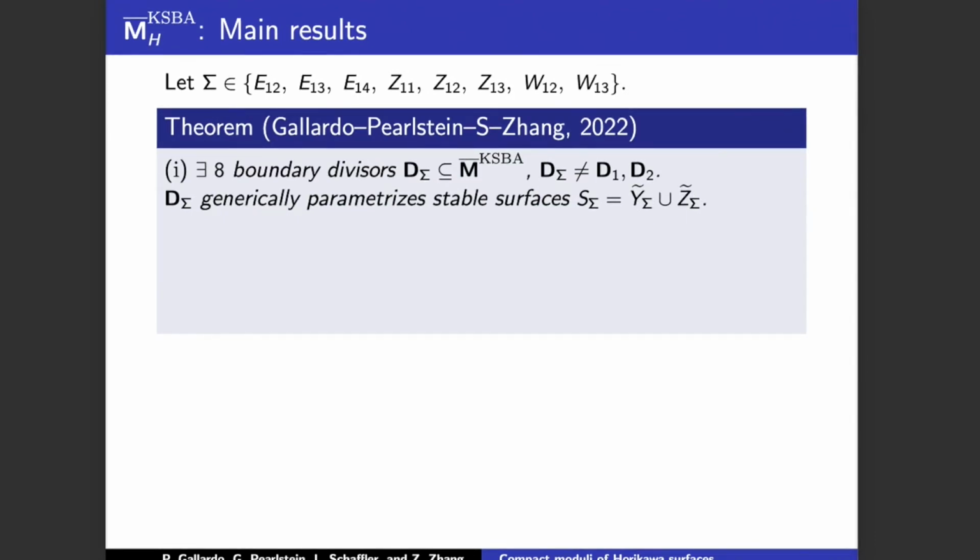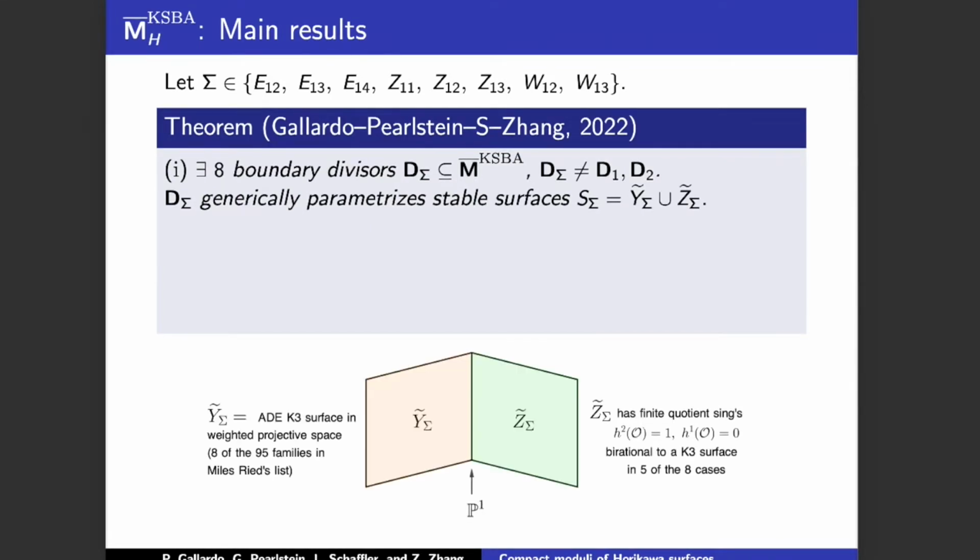You may wonder what the geometry of those 2 individual pieces is, and that's what I would like to show you in the next click. In the middle, you can see a cartoon of the surface with 2 rectangles that represent the 2 irreducible surfaces. The common edge represents the curve along which they are glued, which is always isomorphic to a P1.